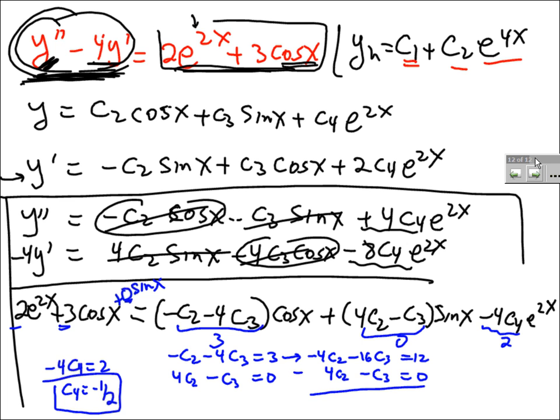And if I add these, this cancels. So negative 17c3 is 12. So c3 must be negative 12 over 17. c3 is negative 12 over 17.